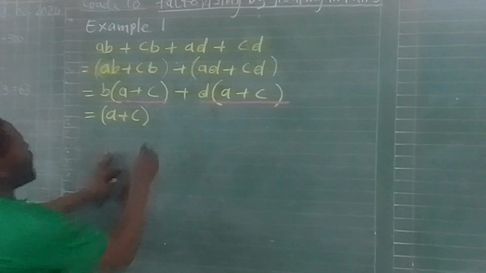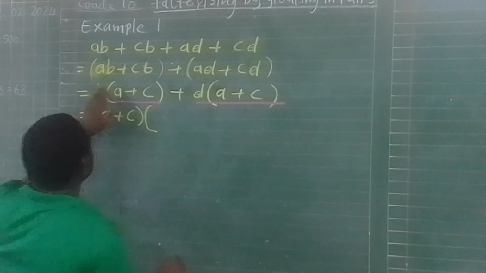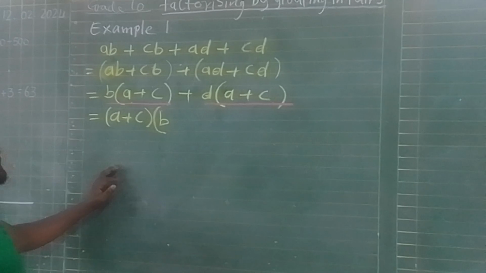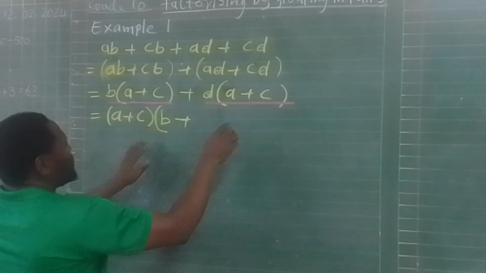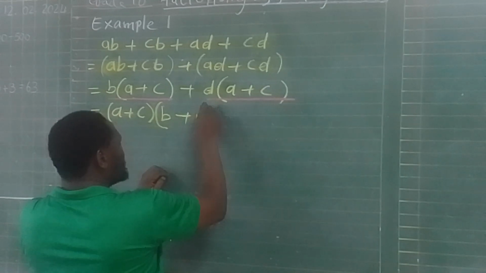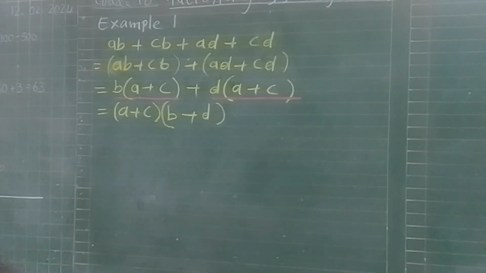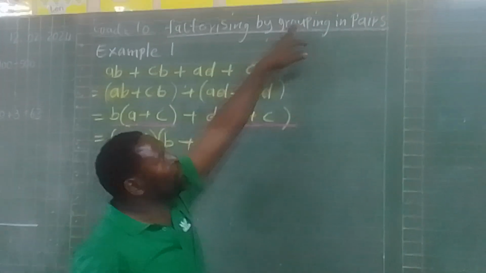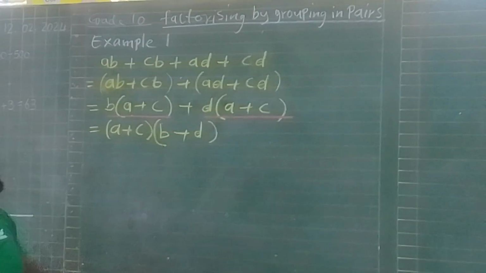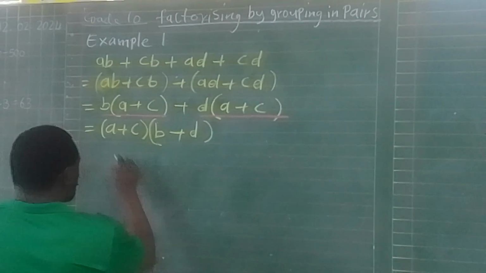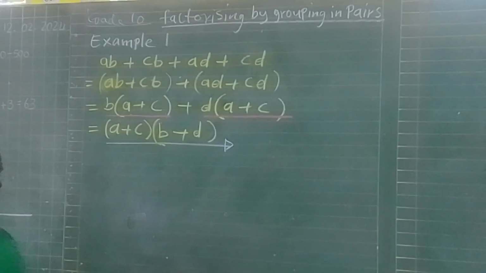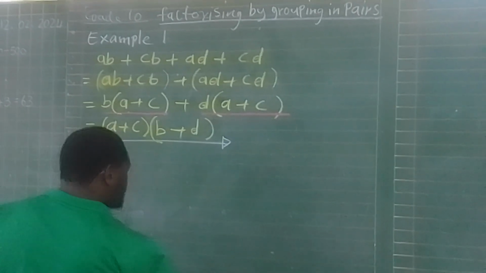If you take out the common factor A plus C, here you are left with B. Plus, you take out the common factor A plus C, you are left with D. Now you have factorized by grouping into pairs. This is the final stage. Done. Let's check example 2.